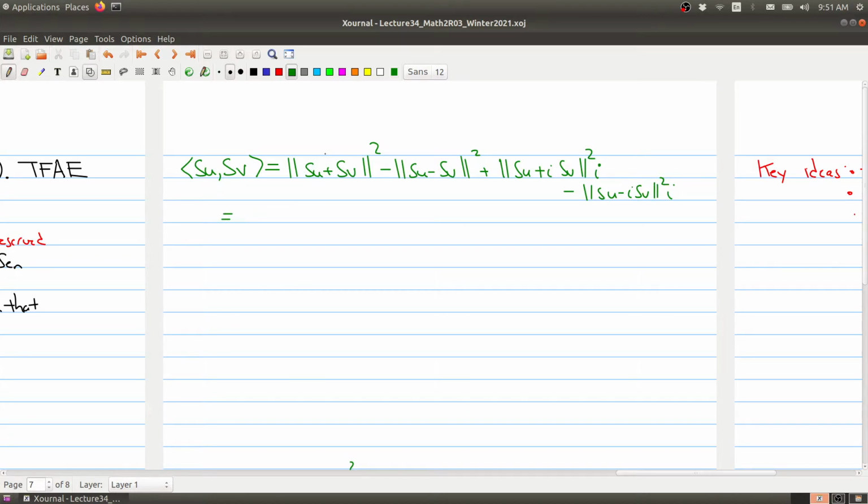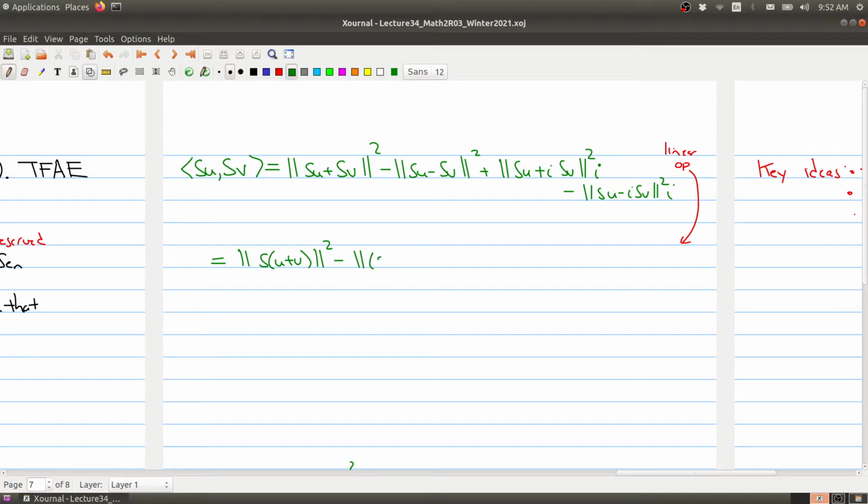And notice that S is a linear operator, right? Because it's a linear operator, this is kind of chapter 3 stuff, I can just rewrite this as S evaluated at U plus V squared.